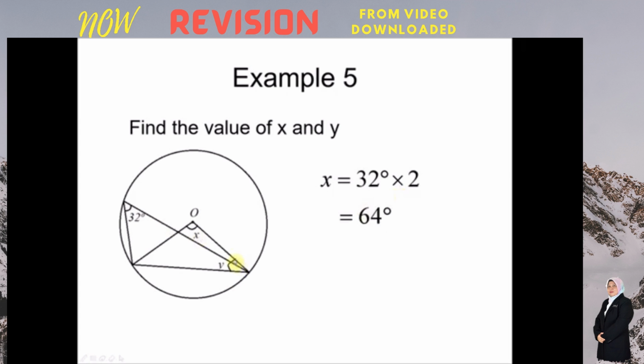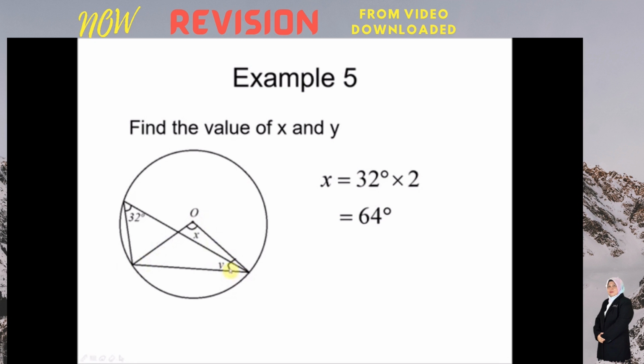Now for y, in order to find y, you can see that this is actually a triangle. Since this is the center of a circle, this line and this line here are radii, and they have the same length. This means that this is an isosceles triangle. So this angle here is the same as the angle y.